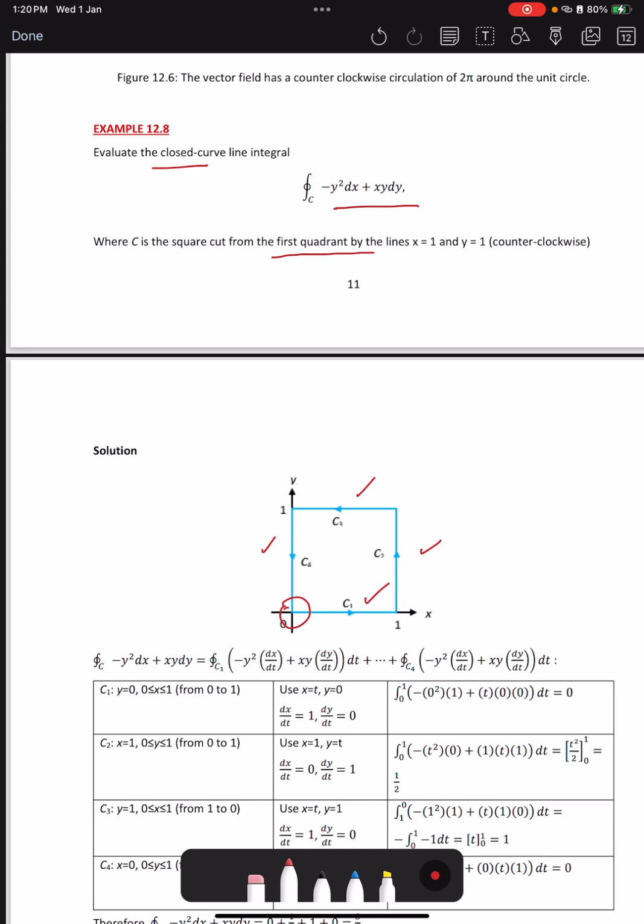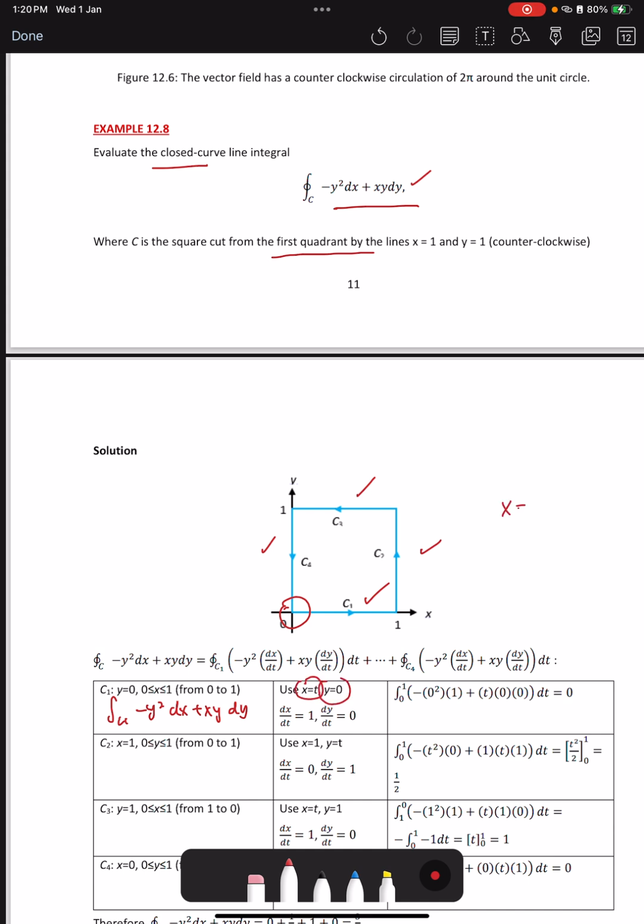So the first integration is actually C1 of negative y squared dx plus xy dy from the equation here. From the first line, x is equivalent to t, but y is equivalent to 0 because it is on the x-axis.